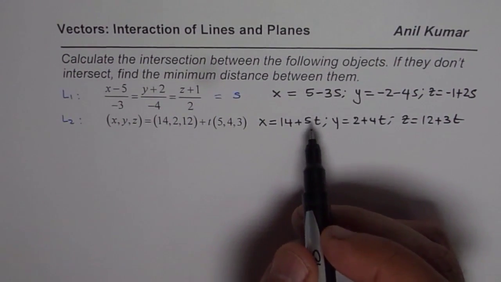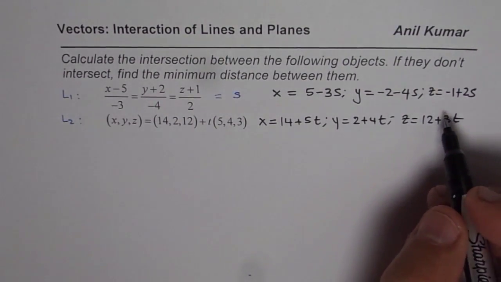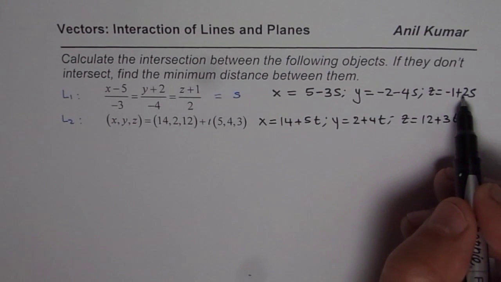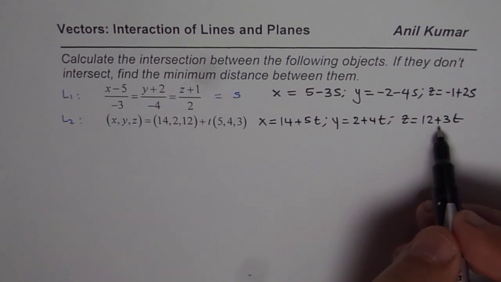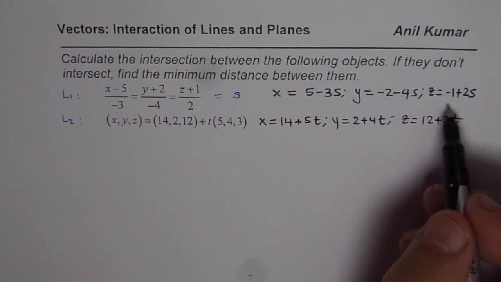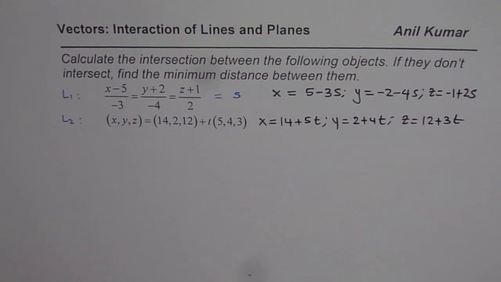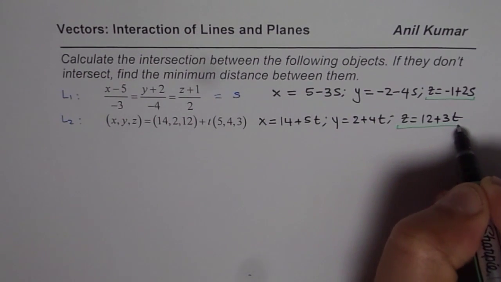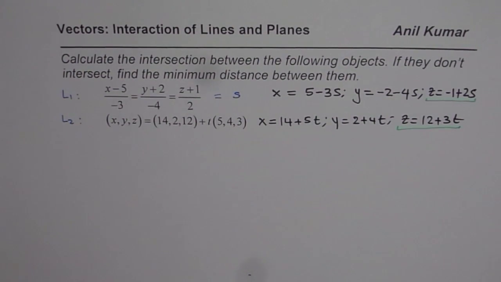So let us start with the z values first. z equals to minus 1 plus 2s, and 12 plus 3t. So let's equate them and then find the point of intersection. First we use this set of values for z, find the relation between s and t, and then we'll substitute into the second set.